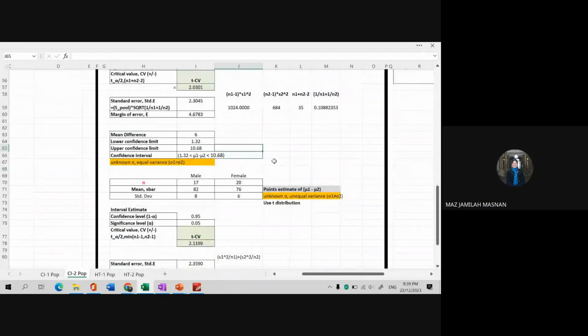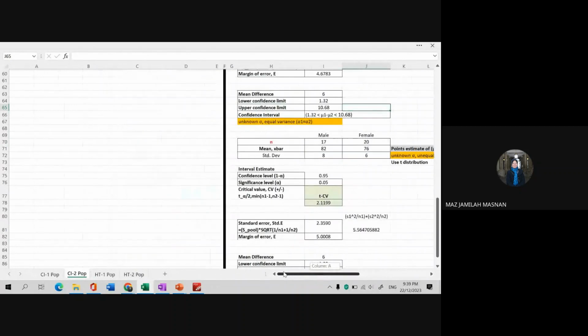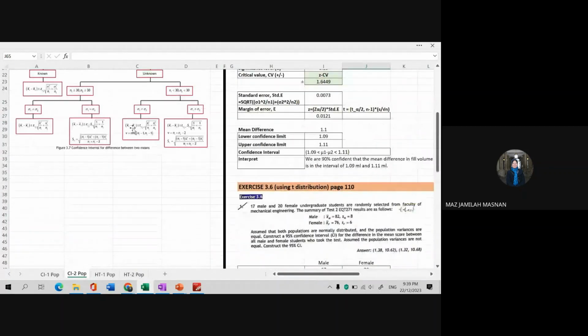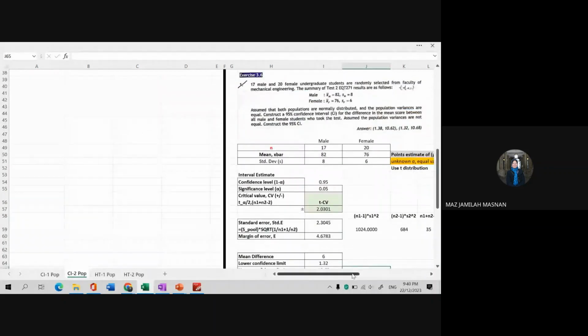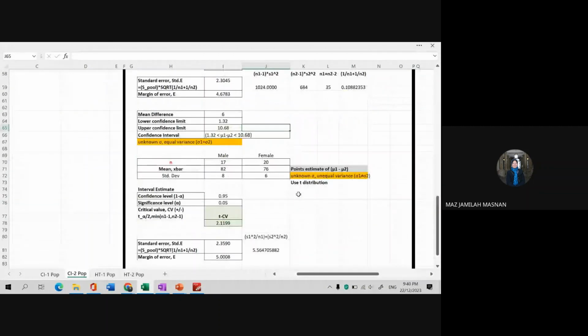Now the second question is for unequal variance, where the formula for your margin of error will be a bit different, much simpler actually. And for the degrees of freedom, it will be based on the smaller of N1 and N2, minus 1. So for the unequal variances, how do I get my critical value?